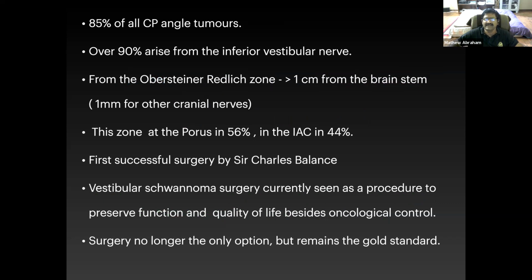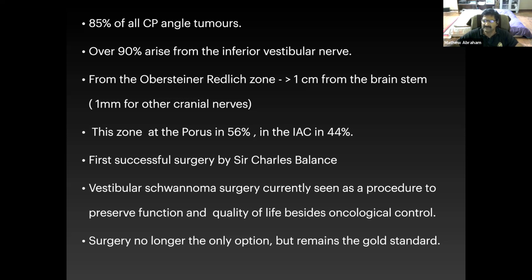The Obersteiner-Redlich zone, an unstable area where the oligodendrocytes give way to the Schwann cells, is 1 centimeter in length, or perhaps more, when it comes to the vestibular nerve. In the other nerves, it's just 1 millimeter. But for the vestibular nerve, it is almost 10-fold longer. So that is why there is this great preponderance for a tumor on this nerve.